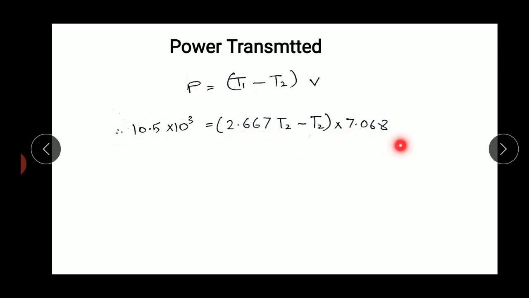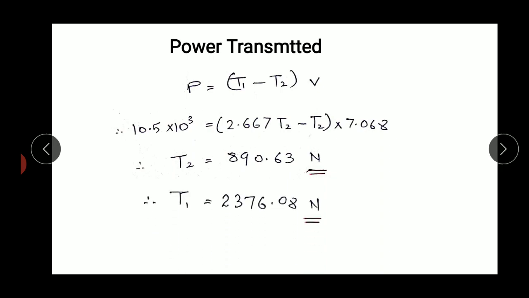In this entire equation there is only one unknown, that is T2. One equation, one unknown, we can easily solve. So T2 we will get as 890.63 newtons. Remember the unit for tension is newtons.